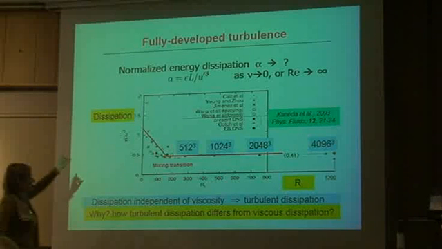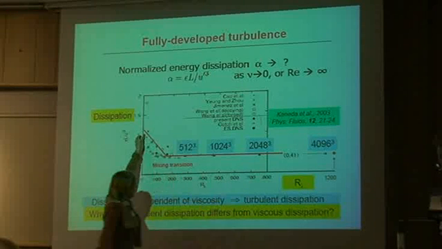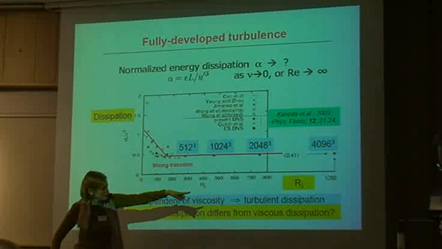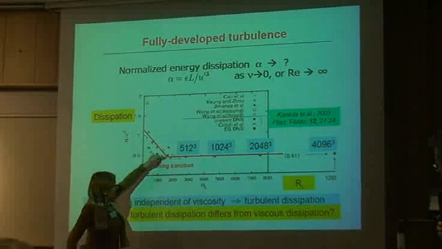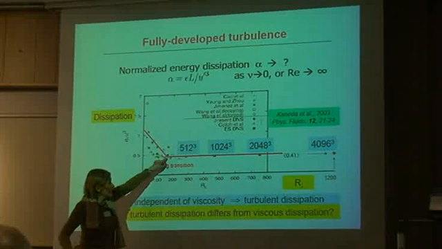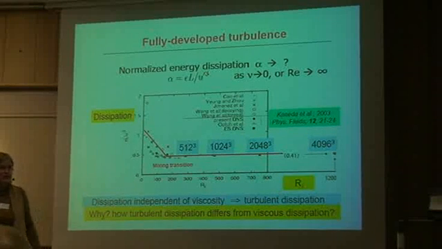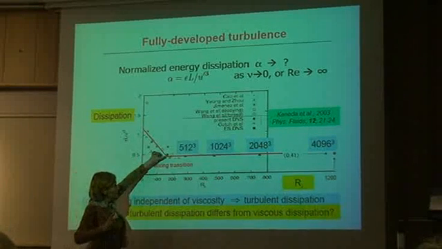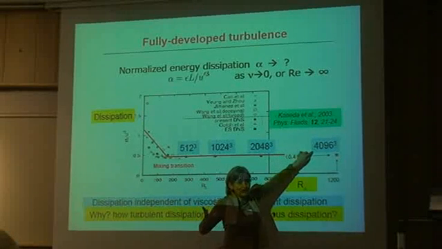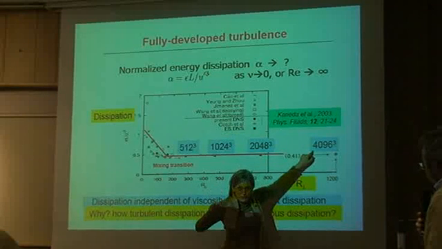And I like this plot, because this plot is just dissipation versus Reynolds number. And you know that if you are not at very high Reynolds number, although this is a microscale Reynolds number, beware, your turbulence is, to me, more nonlinear, chaotic dynamics. And of course, this is the viscosity of the flow, which is taking care of dissipation. But then, after the mixing transition, as you know, this is the D'Alembert paradox: dissipation or drag is independent of the Reynolds number, though it's independent of the fluid viscosity.